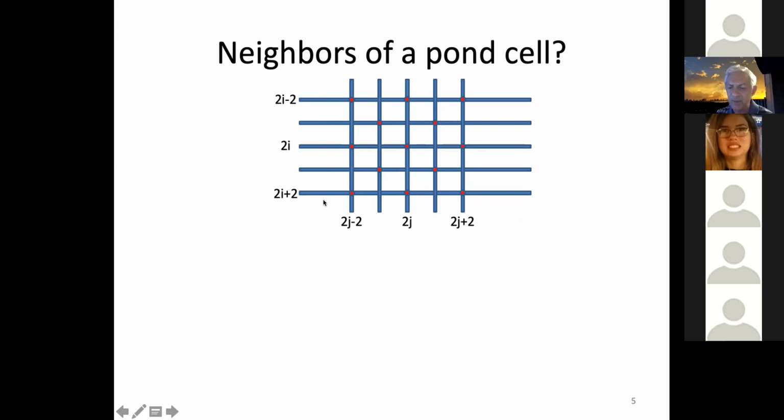So let's try and understand what happens when we flip one of these barriers. Remember, right at one of these red points, you can flip a barrier either from vertical to horizontal or horizontal to vertical. In this case, let's assume that it was horizontal, and you're trying to flip it to be vertical. And the question is, what impact does this have? Well, it turns out that there is something very, very interesting that happens, and let me explain what that is.